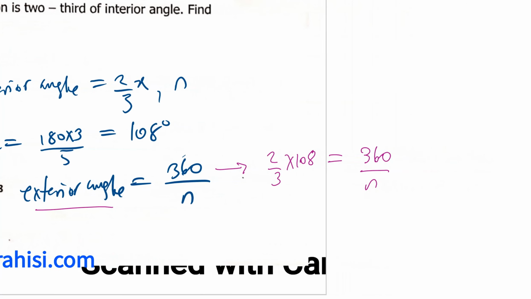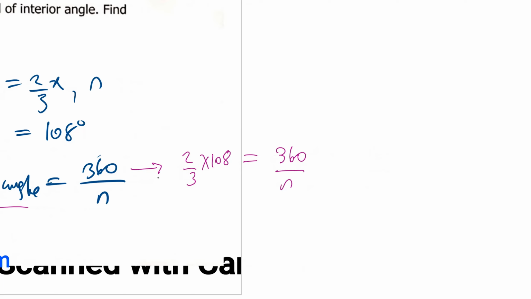Because we are looking for the value of n, n will be equal to 360 divided by 2 times 108 multiplied by 3.